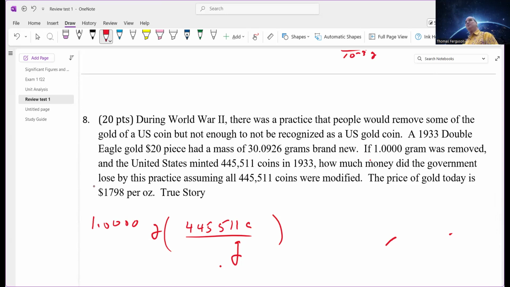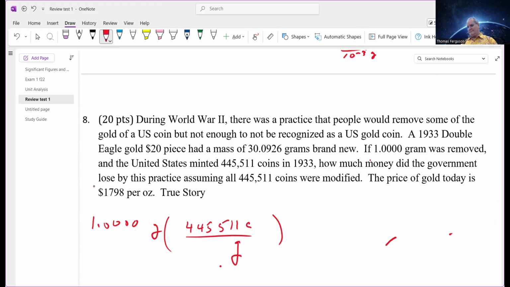Now, this is money that the government loses. Yeah. We would make a second conversion factor with the number of... So the money's in ounces, right? We're trying to get rid of coins, so it would have to be 30.0926 grams per coin.